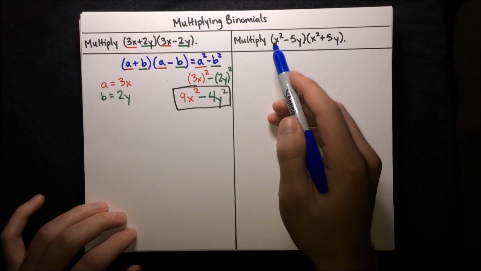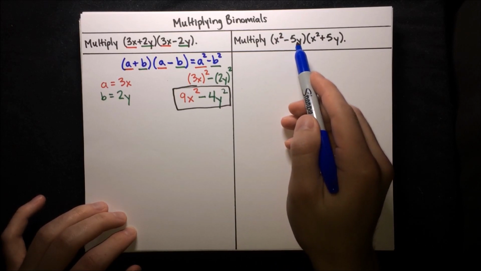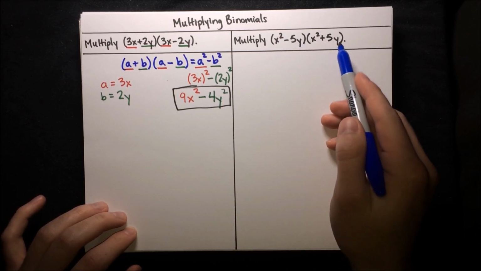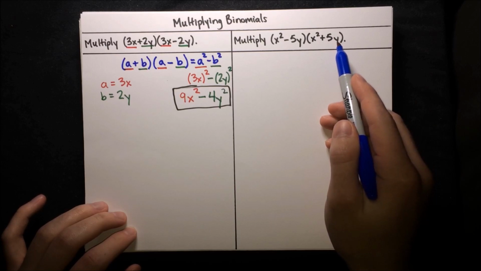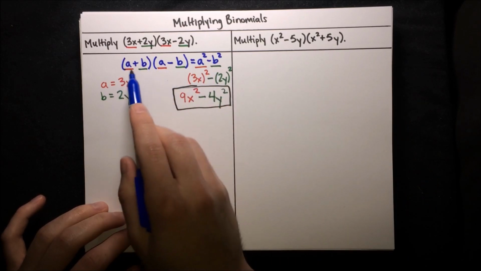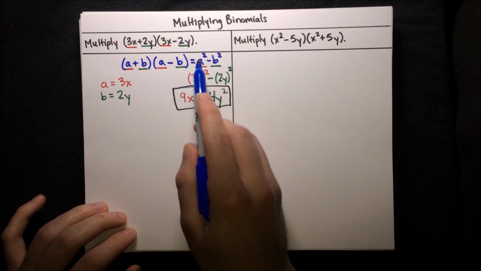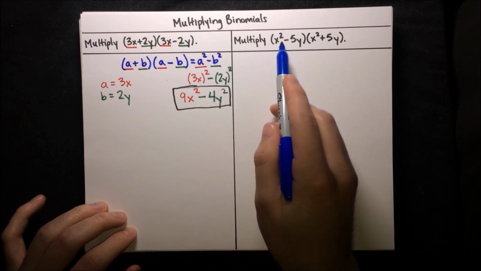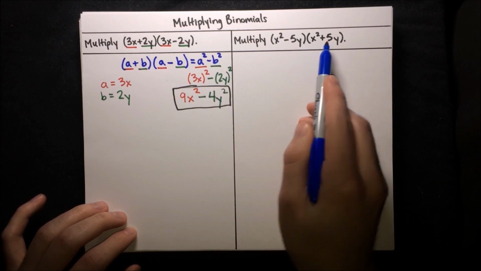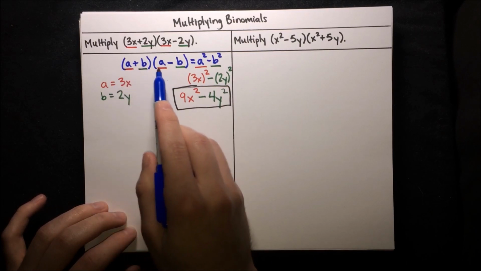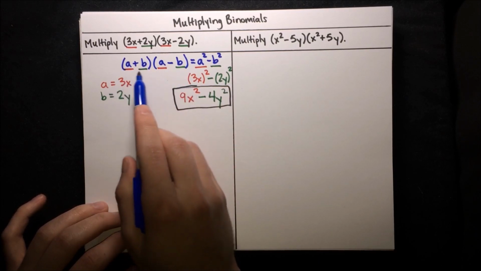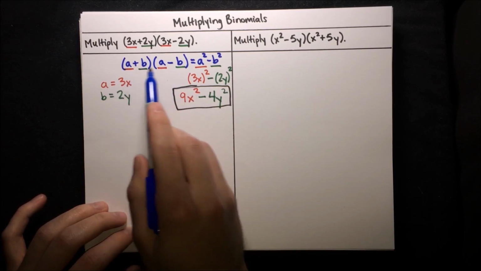Okay, next problem. X squared minus 5y times x squared plus 5y. So again, we're going to refer back to the rule that we have. A plus b times a minus b equals a squared minus b squared. This problem has the minus coming first, but that's okay because these are just two terms multiplied together. So multiplication is commutative and we can switch them around.